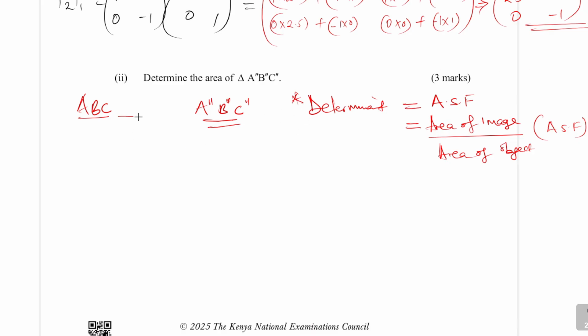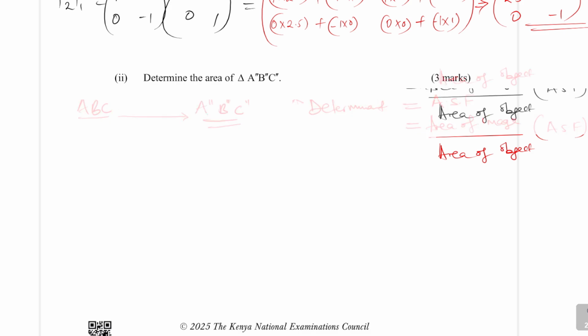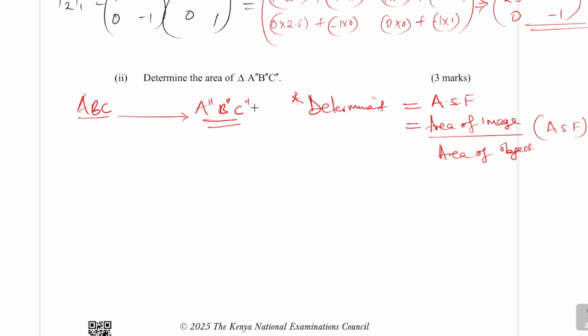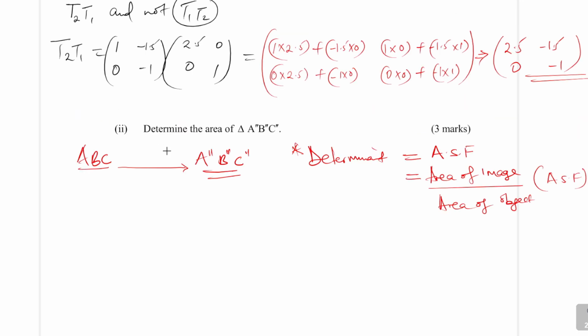So we'll need to use the matrix that transforms ABC to A double prime, B double prime, C double prime, which we've just identified. That matrix is 2.5, 0, negative 1.5, negative 1.